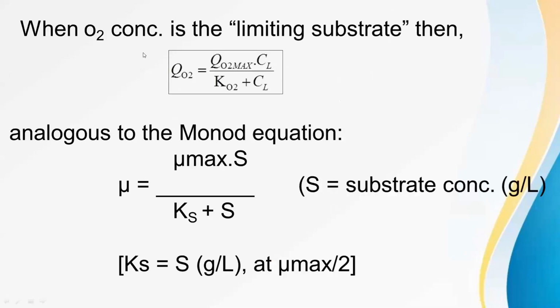Now, when O2 concentration is a limiting factor or limiting substrate, just like mu is equal to mu max S by Ks plus S, you will correlate with that and remember this equation easily.